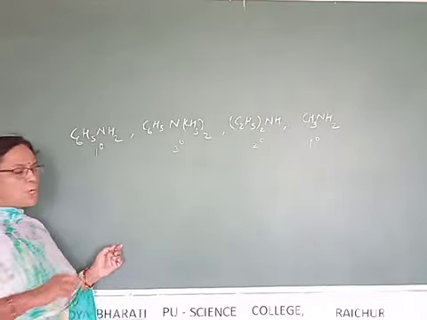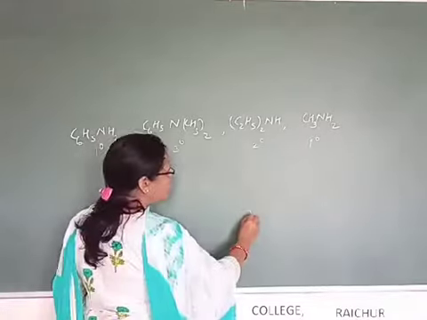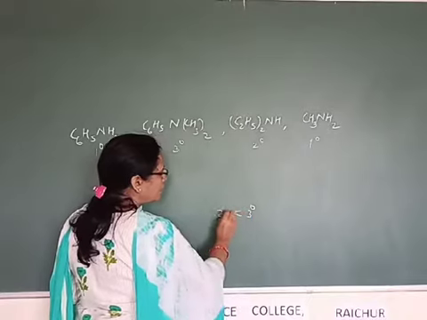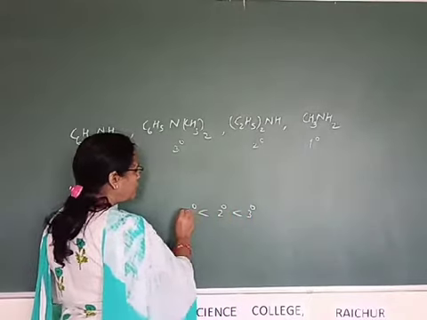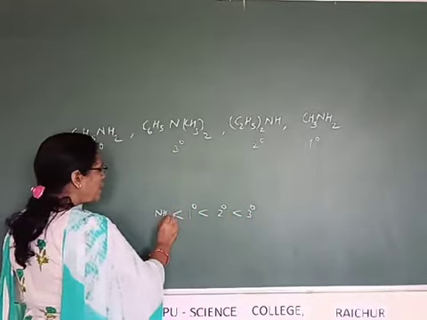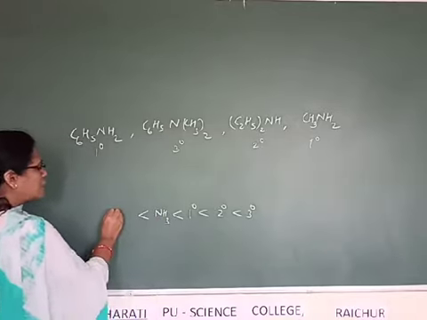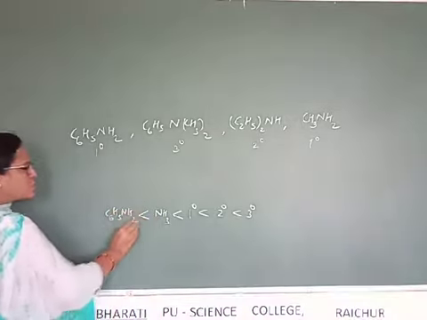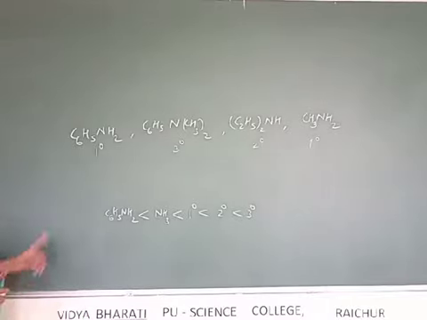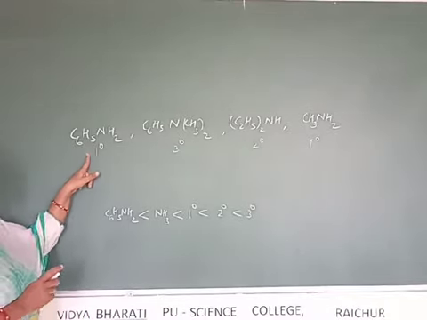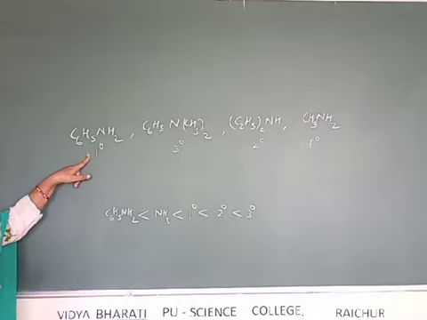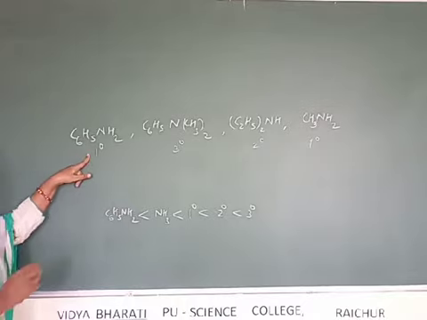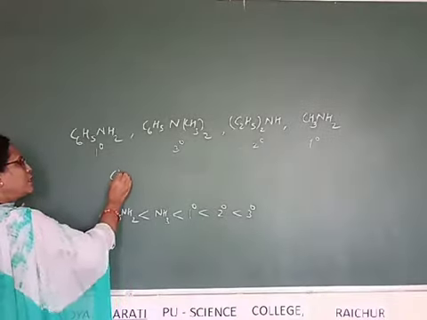In gaseous phase, the order of basic strength is that tertiary has the maximum, then secondary, then primary, then ammonia, and before ammonia is aniline. So this is the order in the gaseous phase. So first it should come aniline, because aniline has the least basic strength. So we will write aniline first.